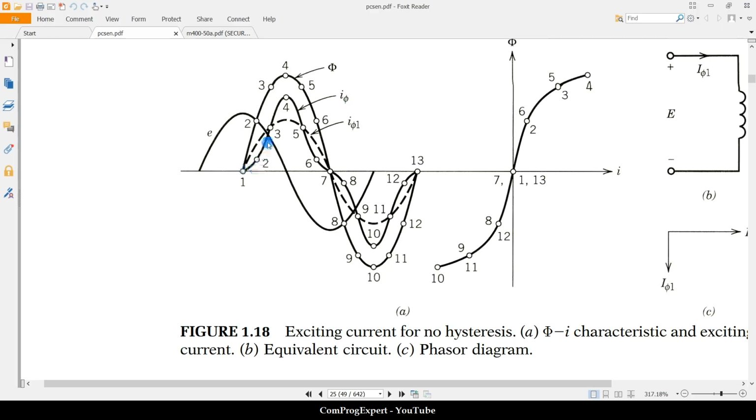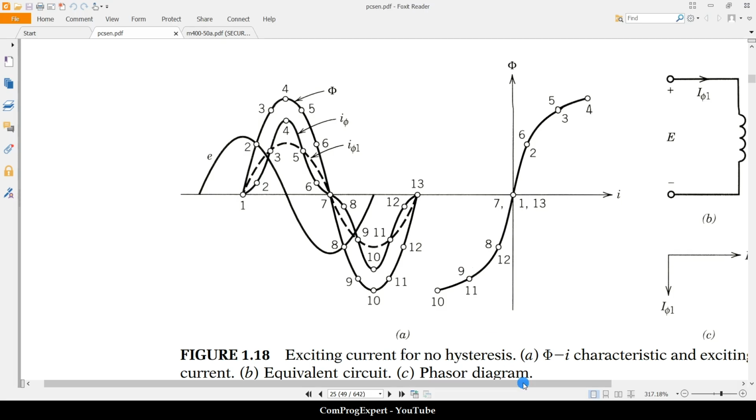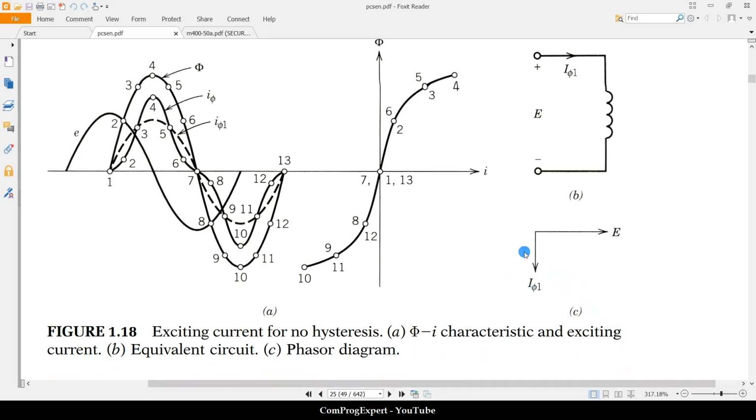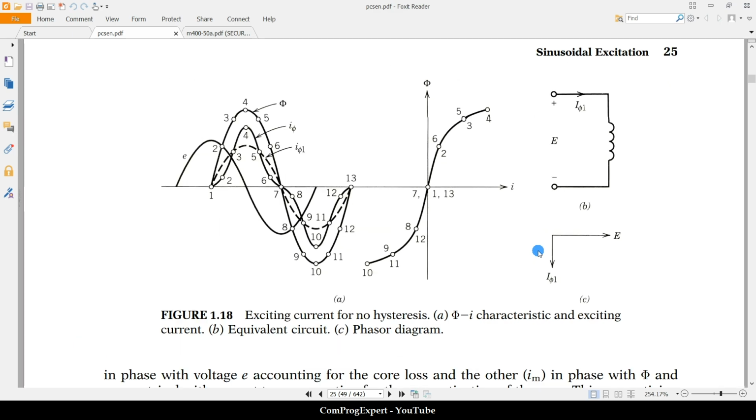Here, this is the fundamental component, but because we have a nonlinear material, we have other odd harmonics in it, and we will have this waveform for the current. Here you can see the phasor diagram also for the fundamental harmonic.